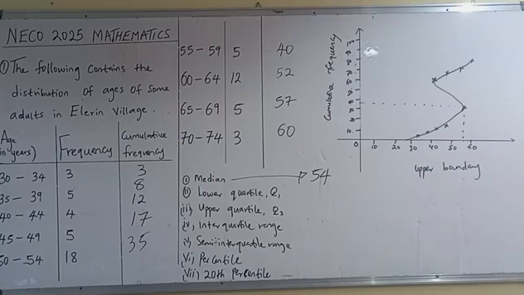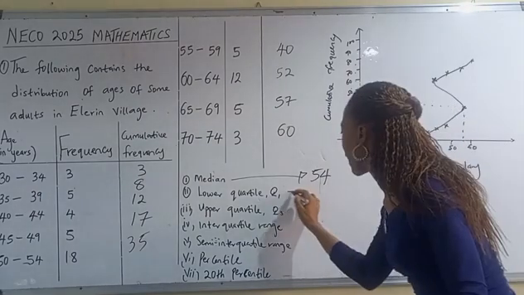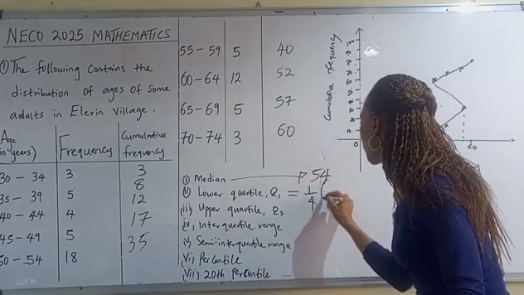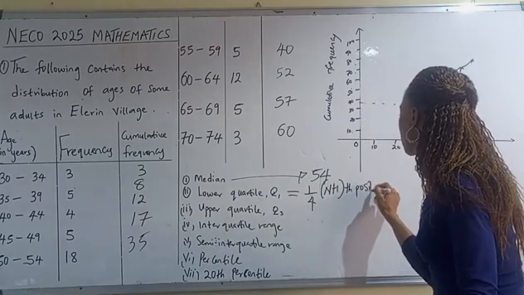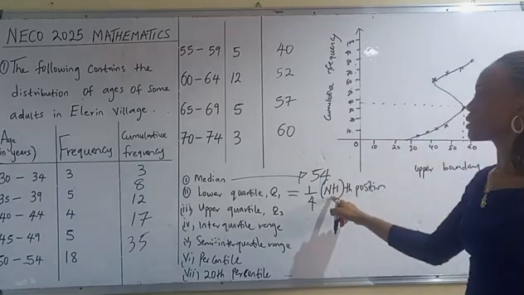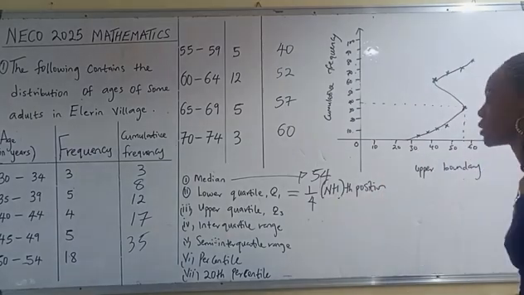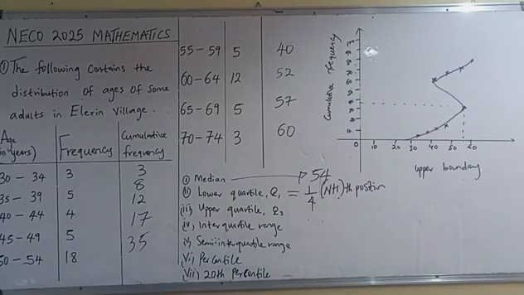To get the lower quartile, you will use 1/4 of n plus 1 position. 60 plus 1 is 61. So 61/4. Remember, the n is the total number, which is 60.